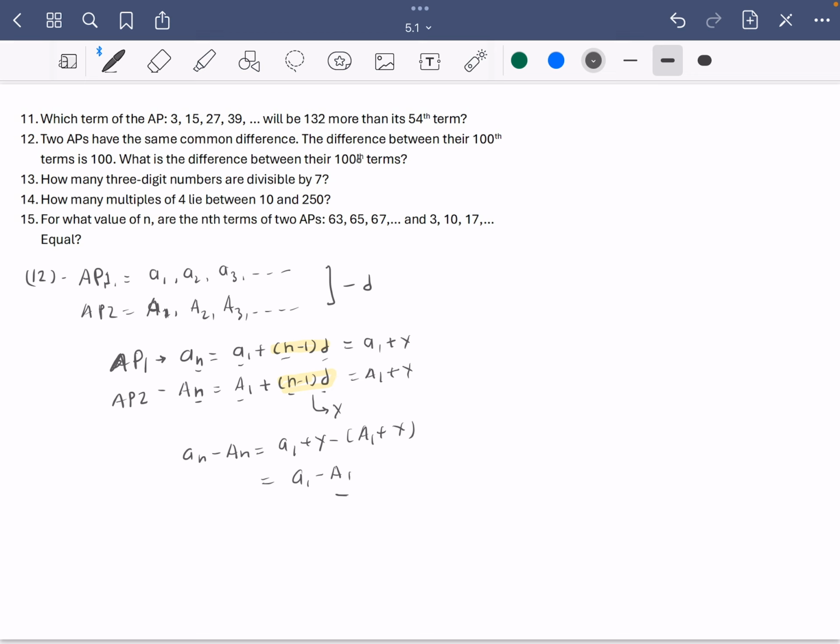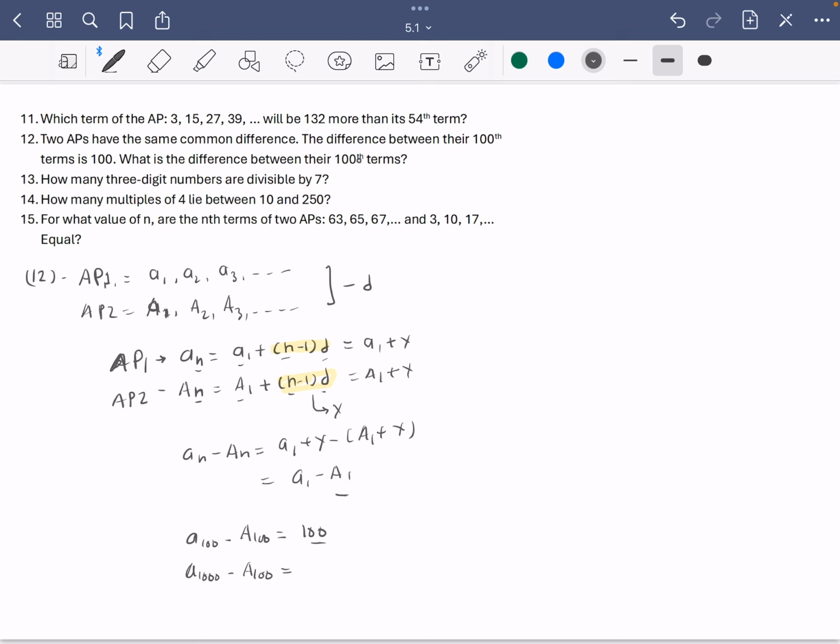So the question is, two APs have the same common difference. The difference between their 100th term, that means a100 minus uppercase A100, is 100. So what's the difference between their 1000th term? That is, a1000 minus uppercase A1000.